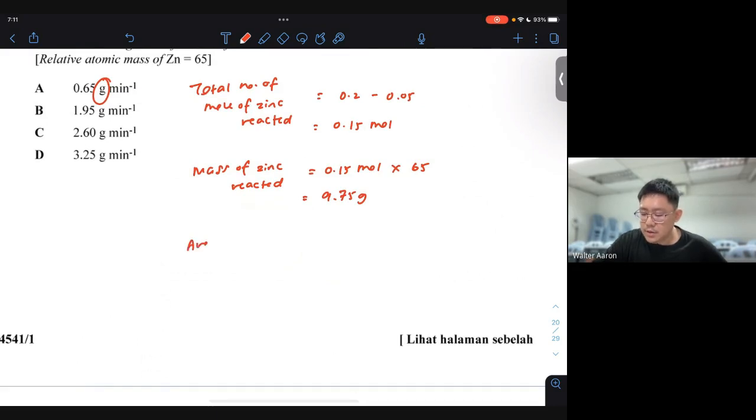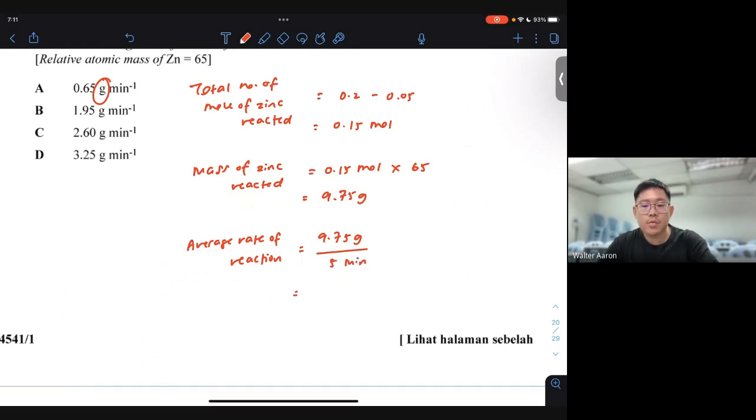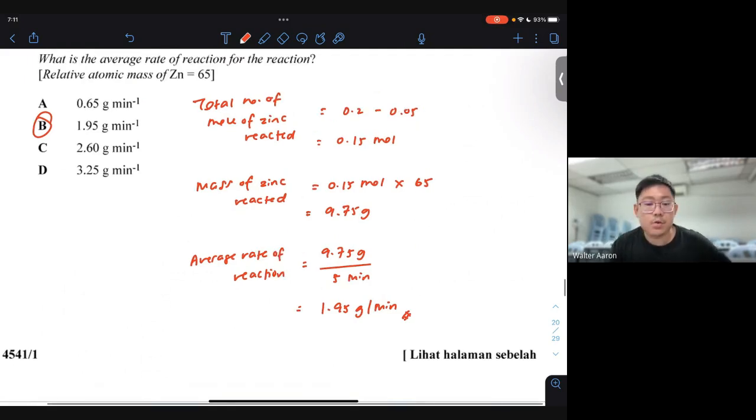So I will say here average rate of reaction is equivalent to 9.75 grams divided by 5 minutes. So your average rate of reaction here should be 1.95 grams per minute. So the answer here will be B, 1.95 grams per minute as an overall.